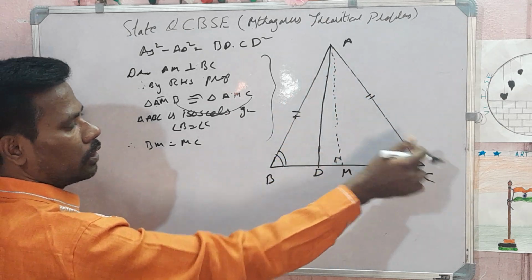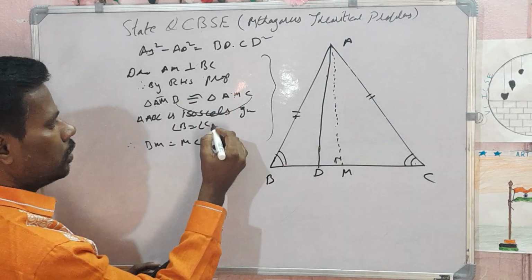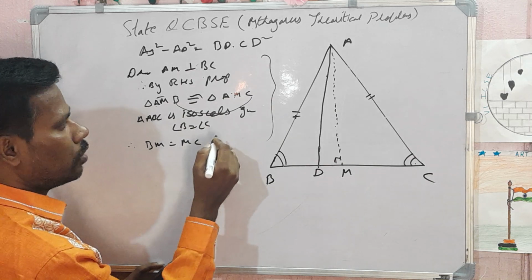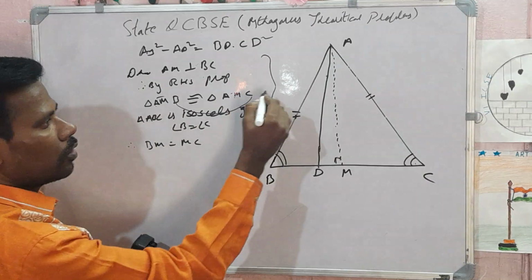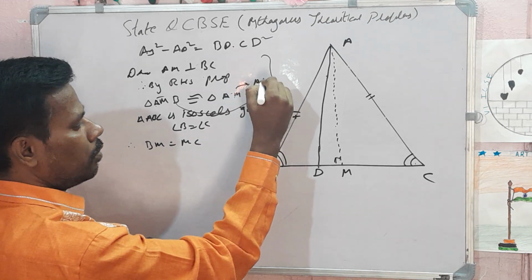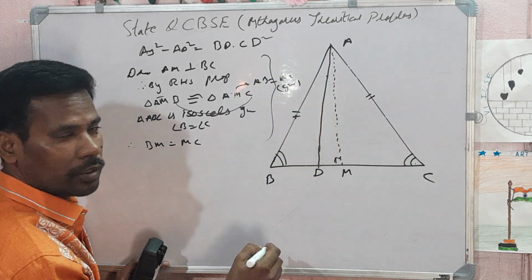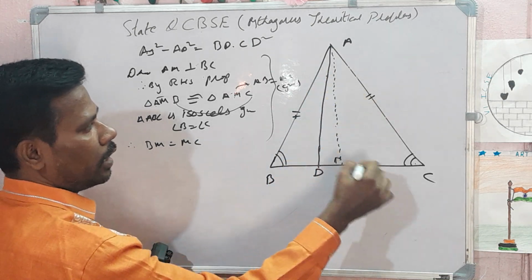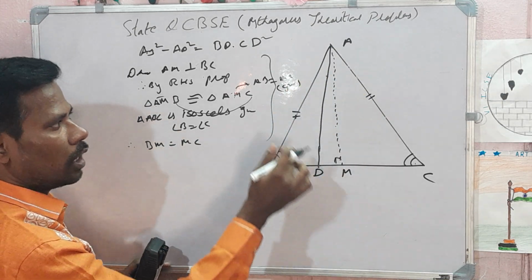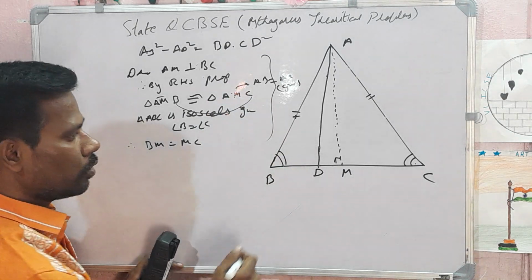Why are these two triangles congruent? AB is equal to AC, given, because it is an isosceles triangle. Next, angle AMB is equal to angle AMC, both 90 degrees. I am writing the main steps; the remaining steps you should write by yourself.